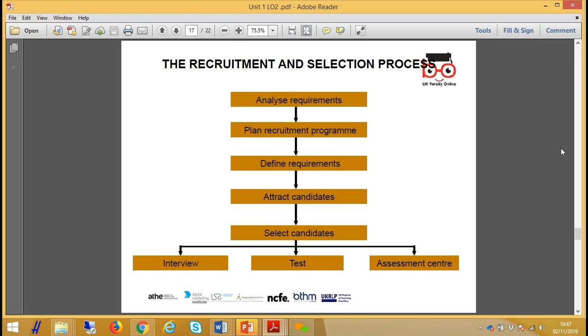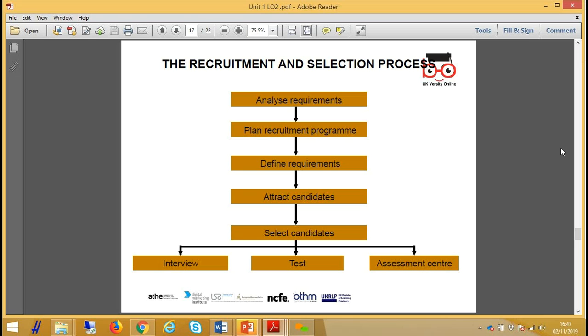Then you plan your recruitment program and which channels am I going to advertise and so on. How long will it last? Define your requirements, which often means producing your person specification and your job description and your recruitment advert. So the advert you advertise usually has a link to the job description that says these are the duties and responsibilities of this job, and the person specification, these are the qualifications and attributes of the person who we expect will do this job well.